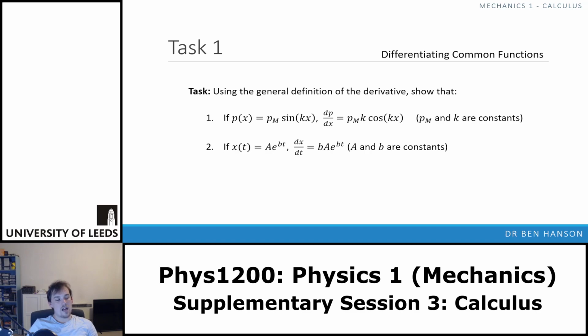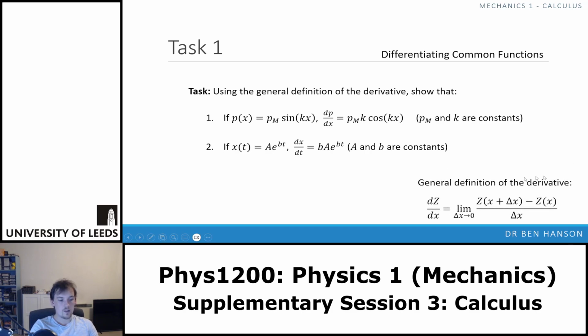So I reckon, if you have half an hour on each one, give each one a real good go. Take half an hour on both of them, if you're interested. If not, I'll go through them here. So take about half an hour on both. That's the general definition of the derivative, by the way.